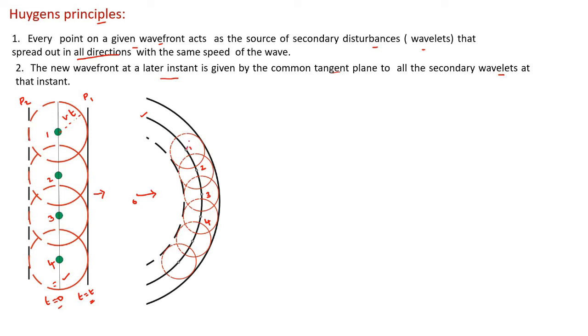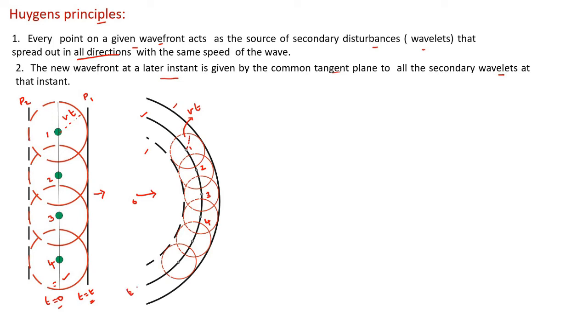Again taking Vt as radius, draw circles. Then take the common tangent plane, this one and this one. So this is the common tangent plane. They are supposed to represent the wavefronts at a later instant.